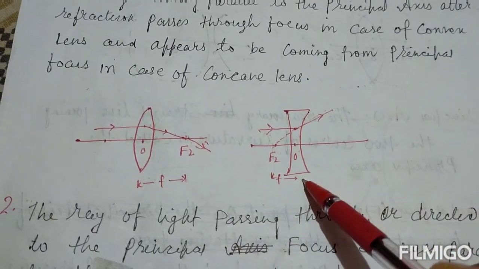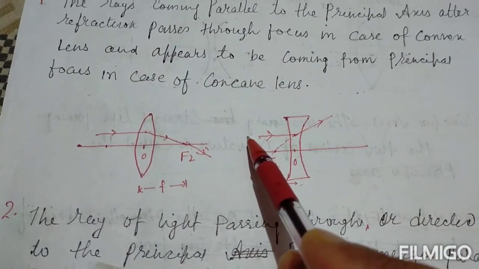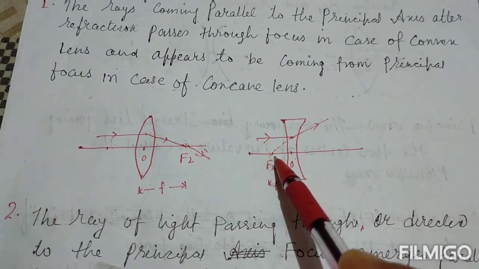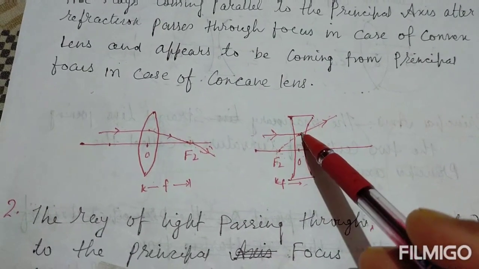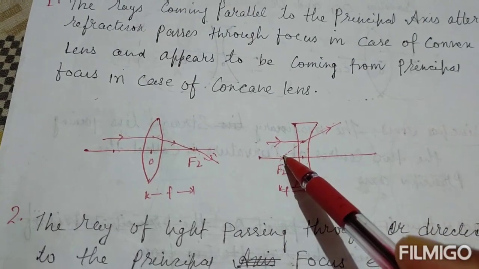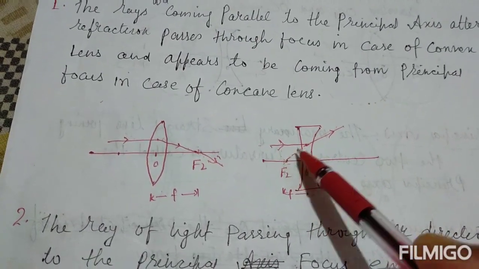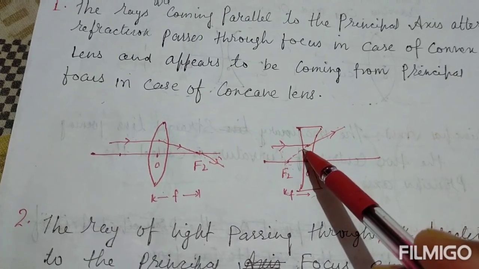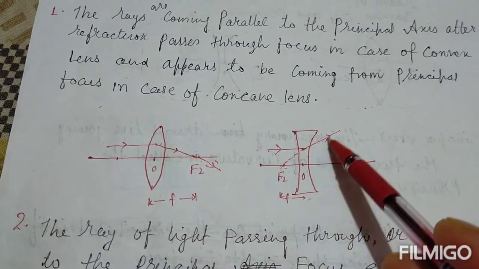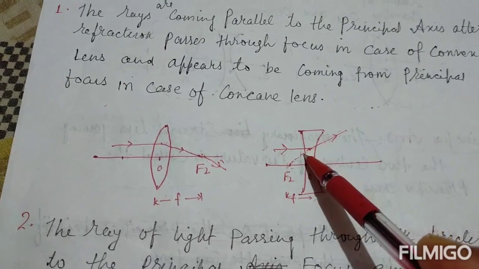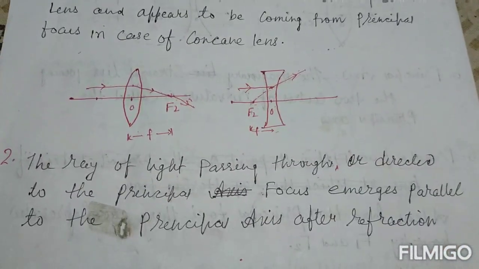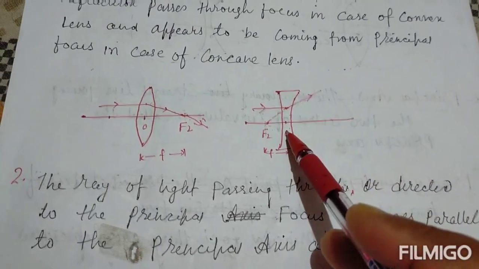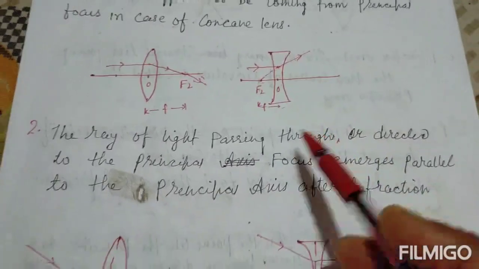In case of a concave lens, the rays coming from infinity parallel to the principal axis, after refraction appear to be coming from the focus. That is, when we produce this refracted ray backward, it appears to be coming from the focus. So this is the first ray. This is also called the focus rule.